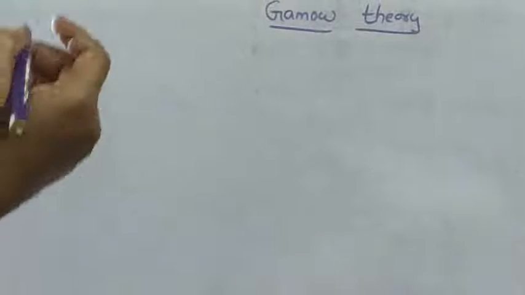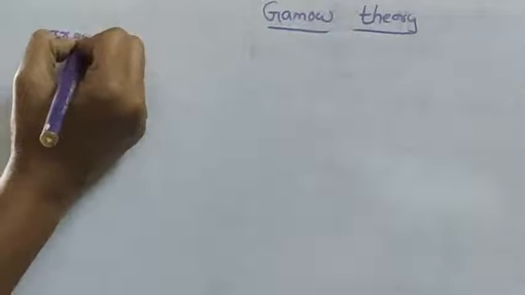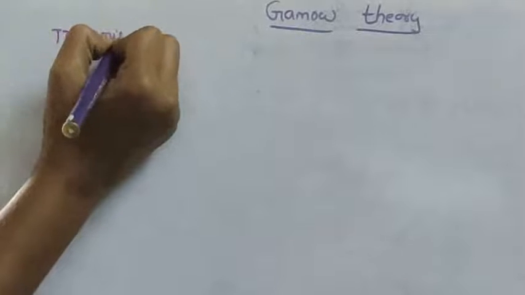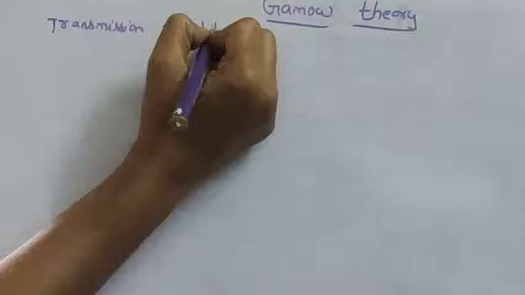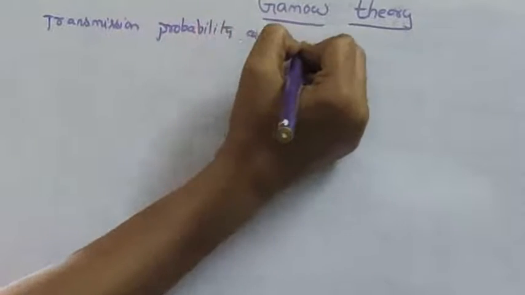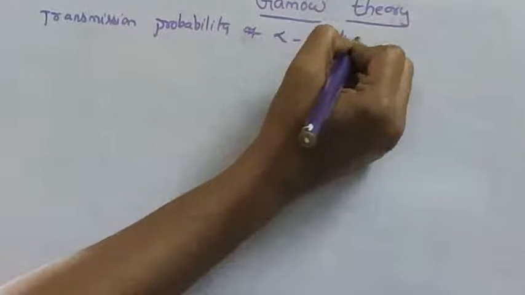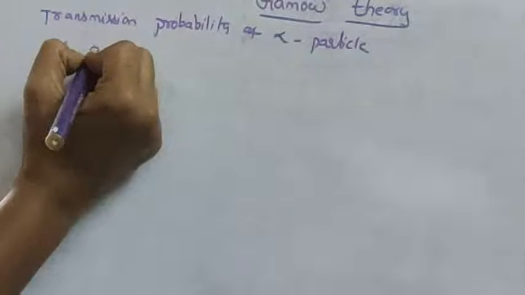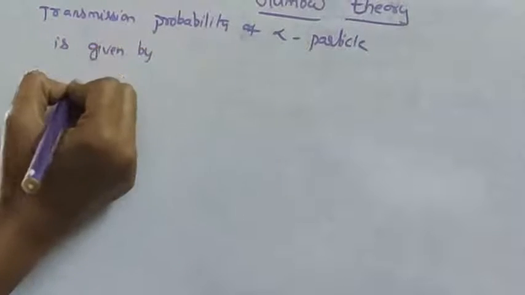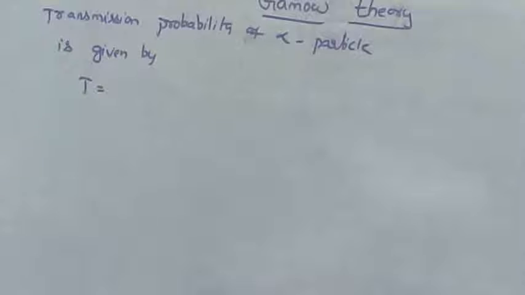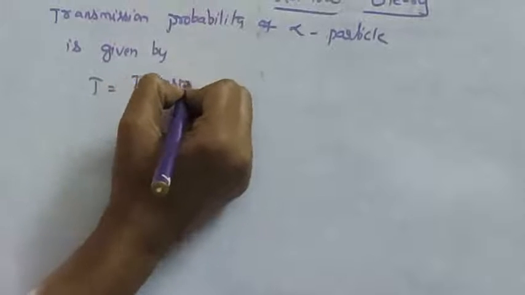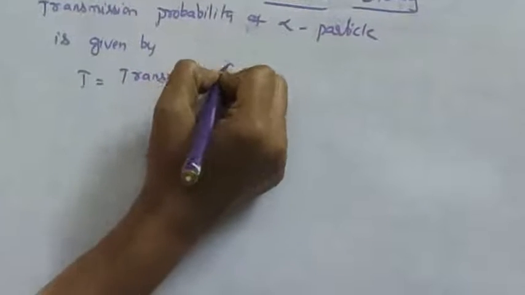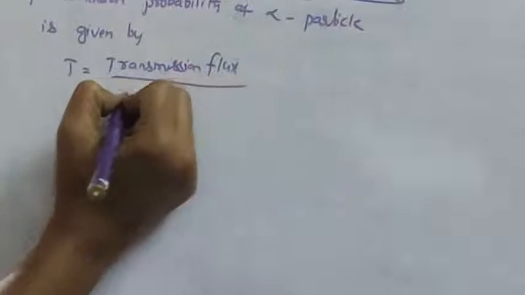The transmission probability of the alpha particle is given by T equal to transmission flux by incident flux.